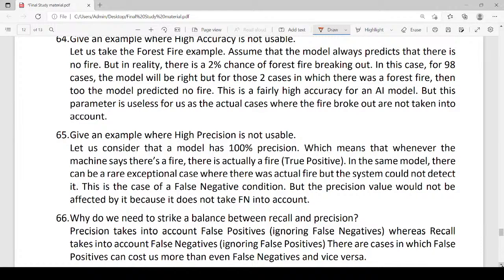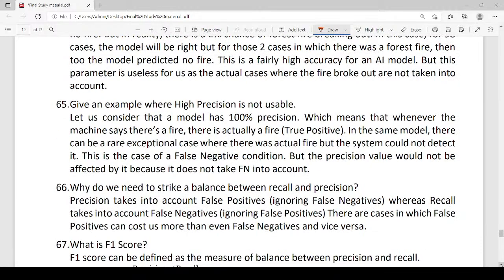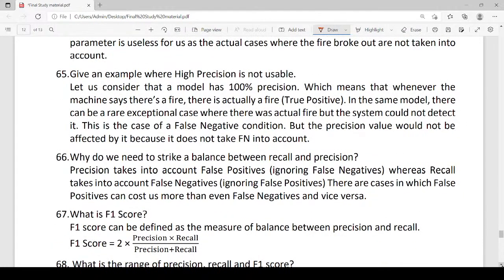Now, what is the ideal parameter that we are going to consider? And that is your F1 score, which is going to maintain the balance. So here F1 score can be defined as the measure of balance between precision and recall. F1 score is 2 multiplied by precision into recall divided by precision plus recall.